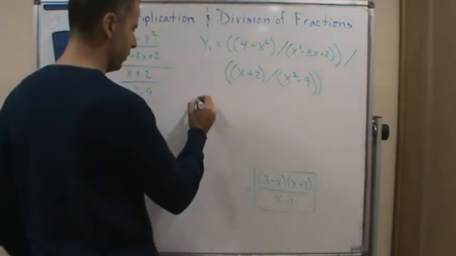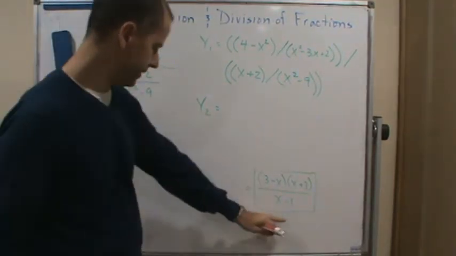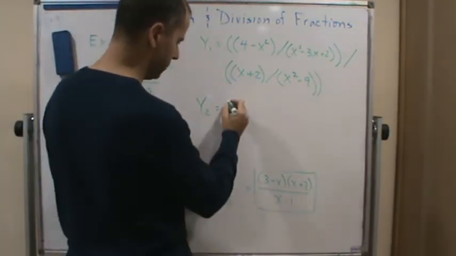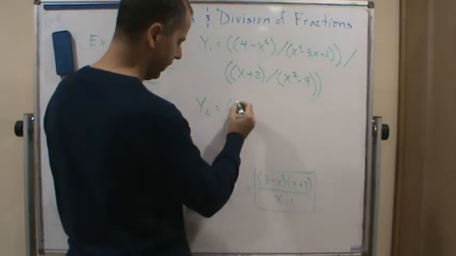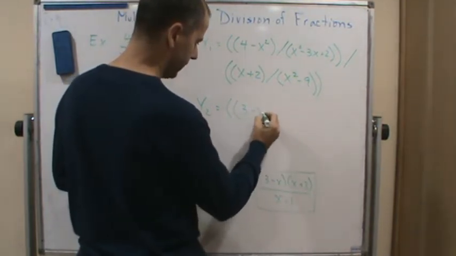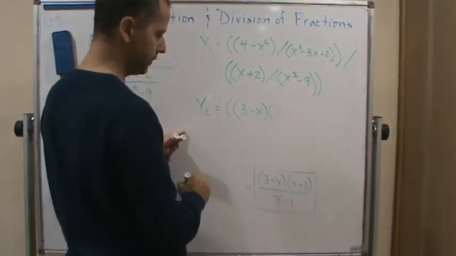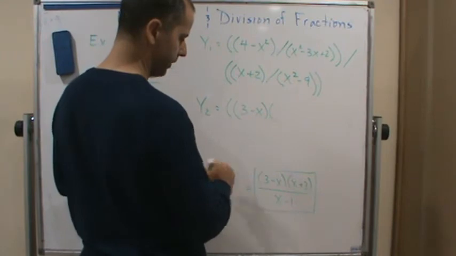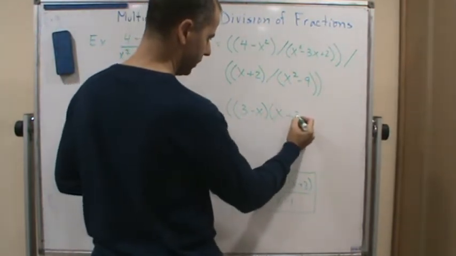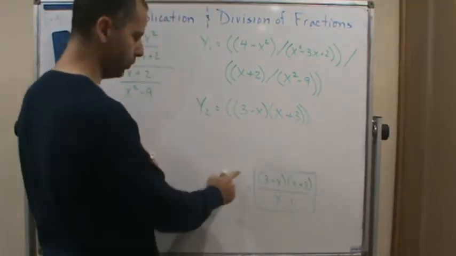Then in y2, right underneath it, you would put in this expression. The way you would enter that is you would put open parenthesis, and then open parenthesis, 3 minus x, close parenthesis, and then times open parenthesis, x plus 3, close parenthesis, and then finally a close parenthesis for the numerator.